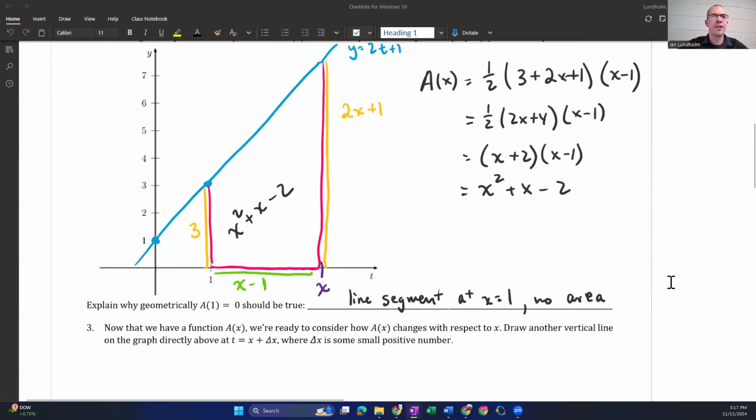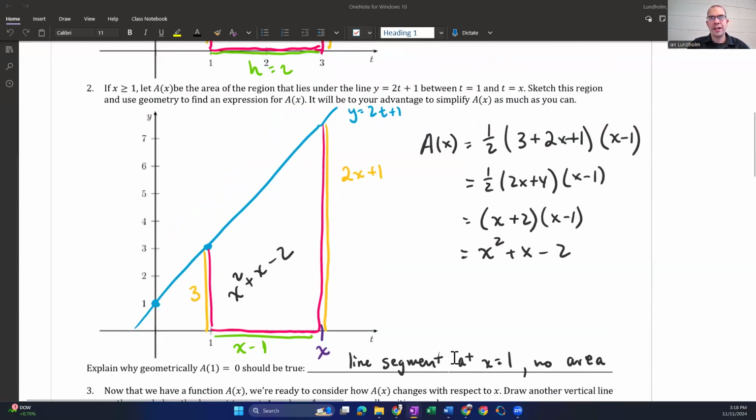Now we have a function A of x. We're ready to consider how A of x changes with respect to x. Draw another vertical line on the graph directly above, t equals x plus delta x, where delta x is some positive number. So I've already done this a bit here.